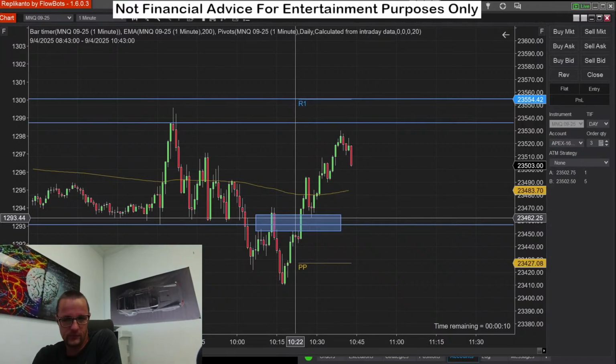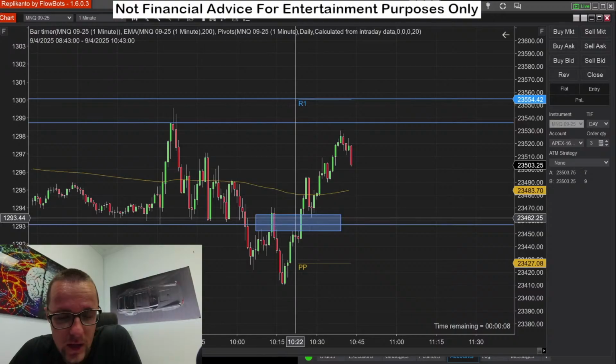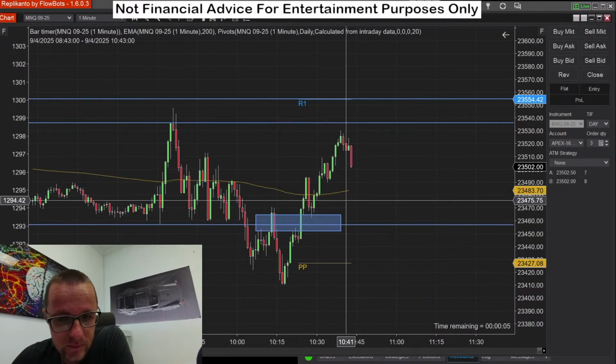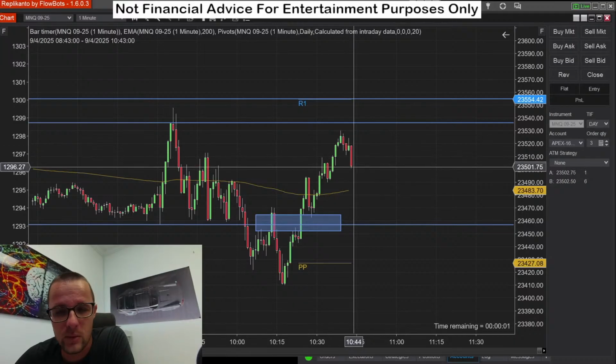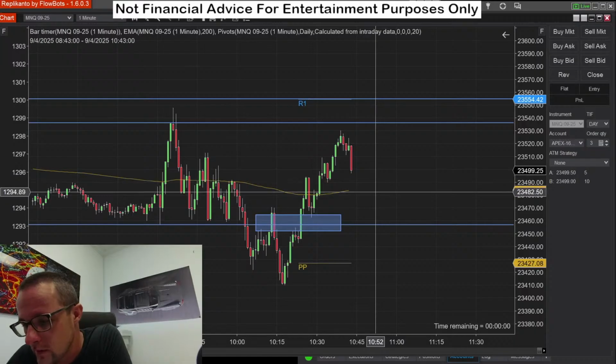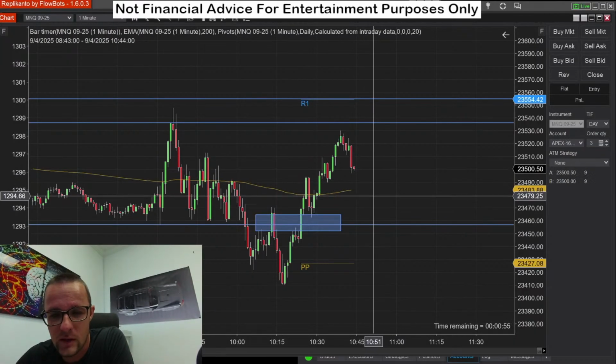Wow, starting to reject off these internal highs. It could be just retracing to VWAP, but it is a pretty nasty candle.